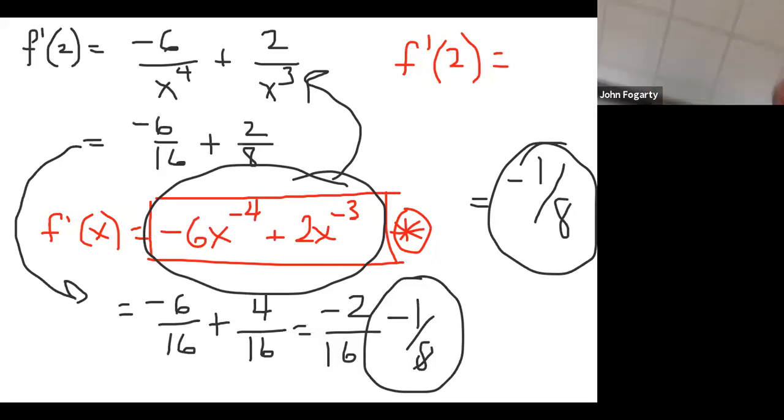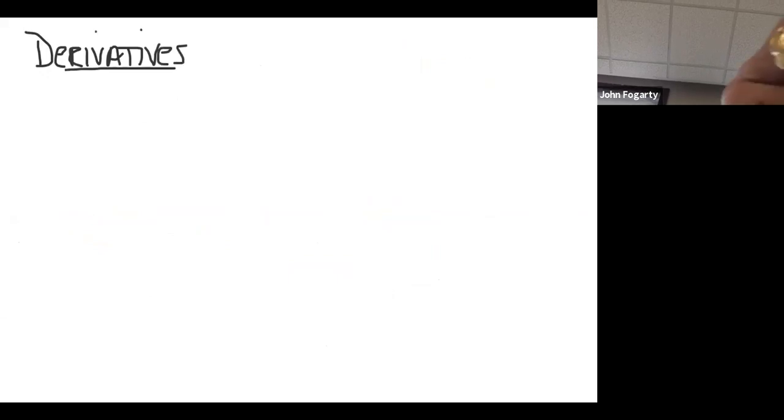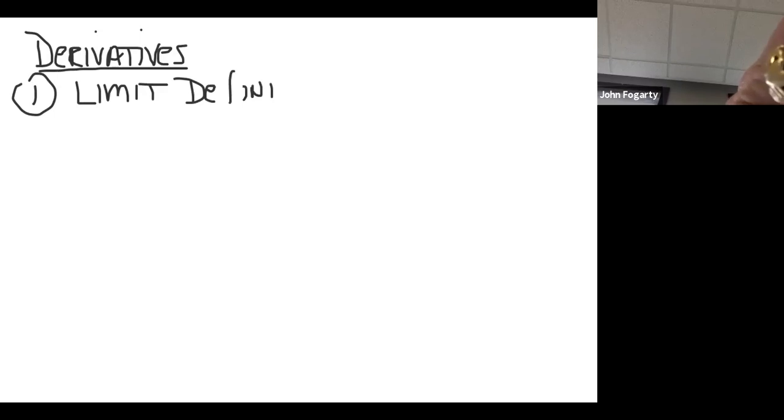All right. So far today, based on what you've learned so far, if you're trying to find a derivative, the first thing you learned how to do was use the limit definition, which is just using the slope formula. And then today, we made things a little easier for ourselves.